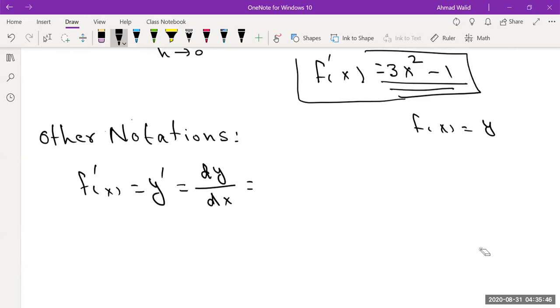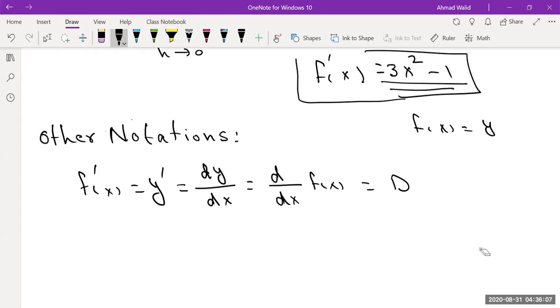It's a symbol for the derivatives, correct? Or some people even use d over dx of f of x. In future, you will see we will use a lot d over dx, or we read it d dx of f of x. It's also another way of writing derivatives.